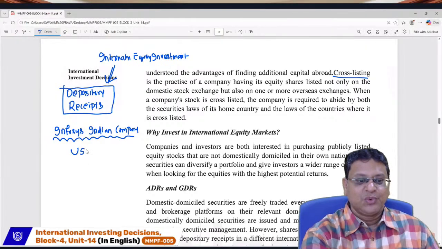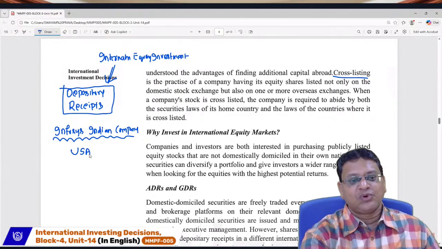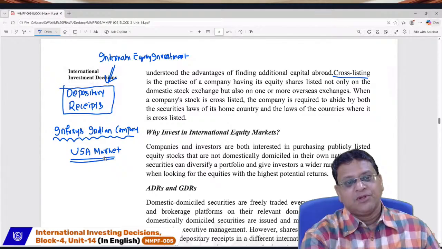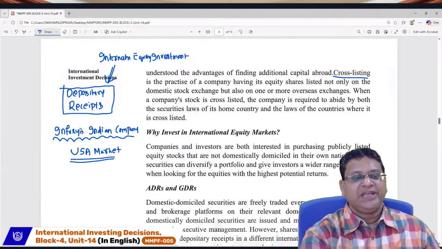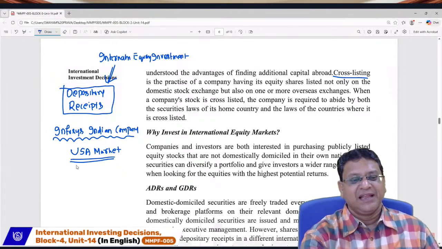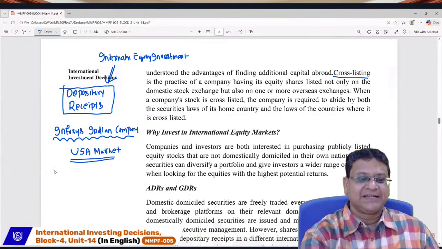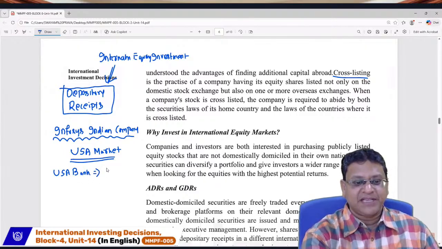Suppose it wants to float shares in the USA market. So what will Infosys do? Infosys will select a US-based financial institution. This bank is Bank of America.